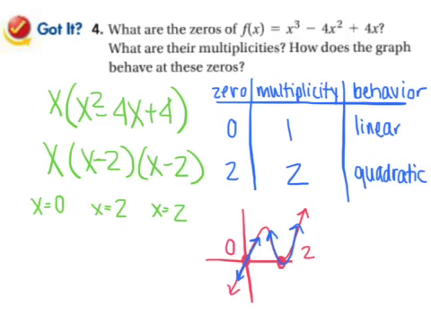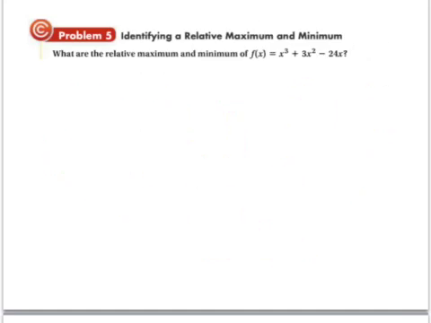We only have one more little thing to talk about as far as section 5.2 goes, and that's our problem number 5, talking about the relative max and min of graphs. Go ahead back to Quick Graph and put in x cubed plus 3x squared minus 24x.